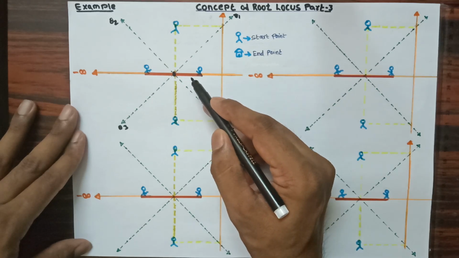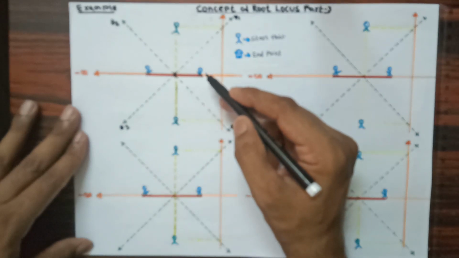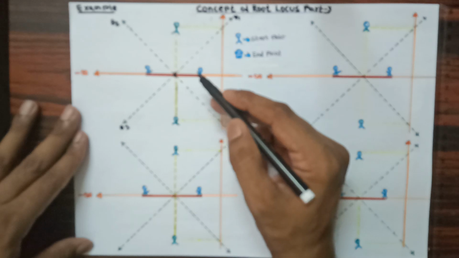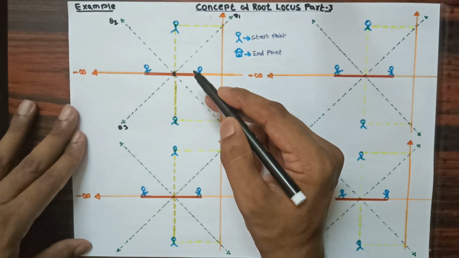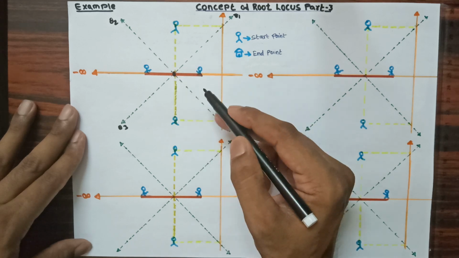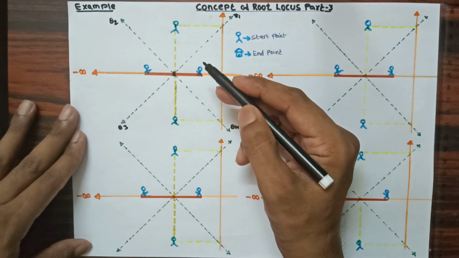In this example you can see I have considered 4 persons and I have not provided any destination for these 4 persons. You can see I have not considered any hut for them. So as we know, if there is no destination, that is if there is no hut, then the person will move in search of an infinite destination.